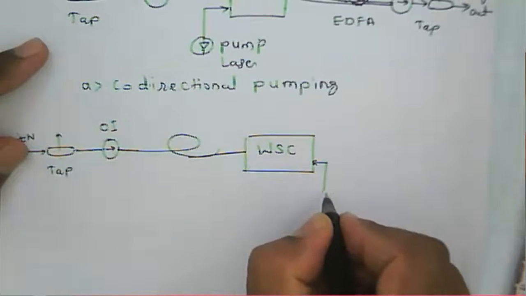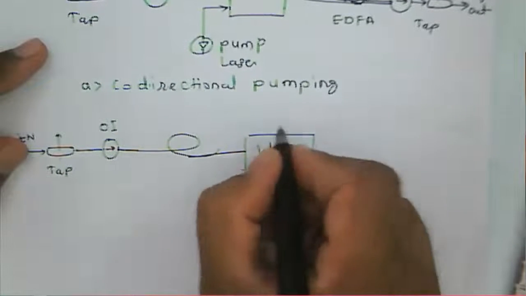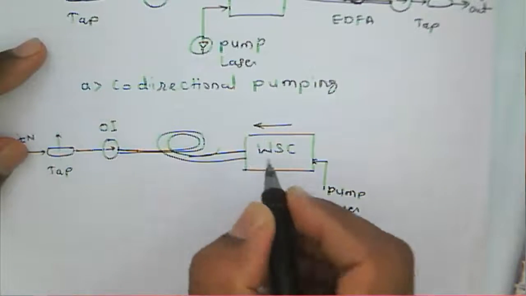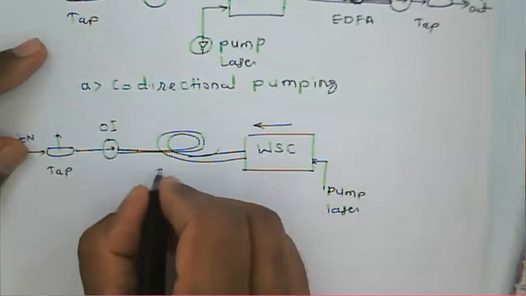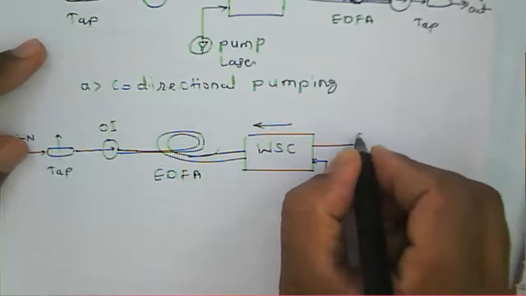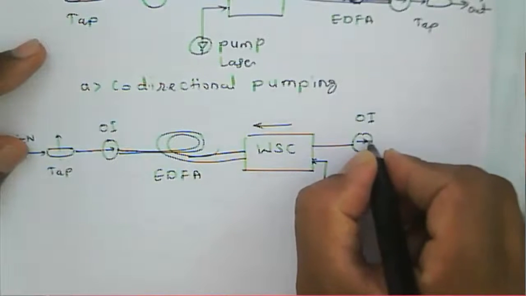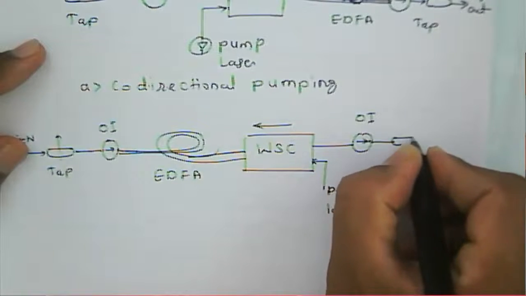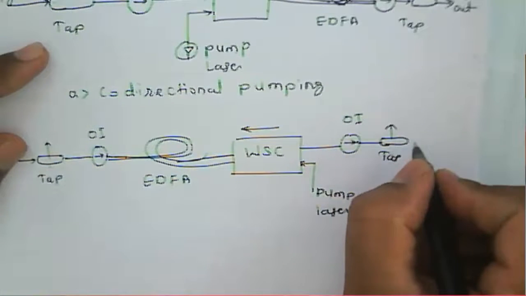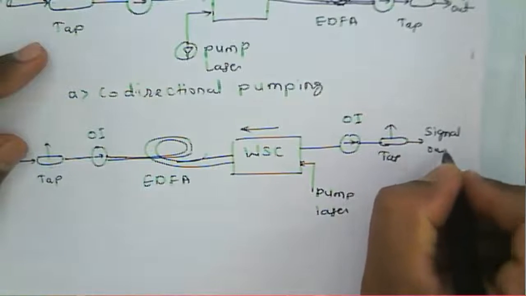Then a pump laser, and pumping takes place in this direction. So this is nothing but an EDFA, and then we'll get the output. Again, we use the optical isolator, then a tap here, then we'll get a signal out here.